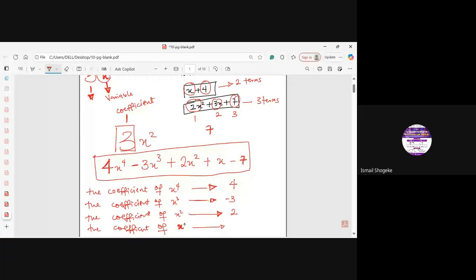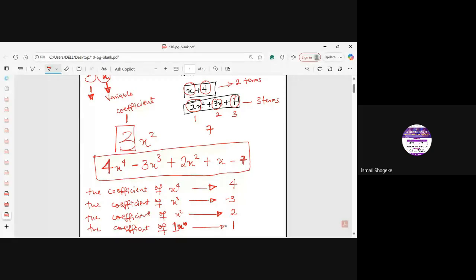We just don't write it next to x, but we know that there's a 1 there. We call that kind of 1 an understood 1. A 1 that we understand, but we don't write it. So what's the coefficient of x? There's a 1 also in front of this x. That 1 is also an understood 1. So we say that the coefficient of x is 1.